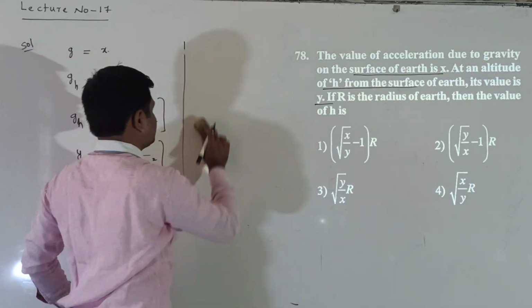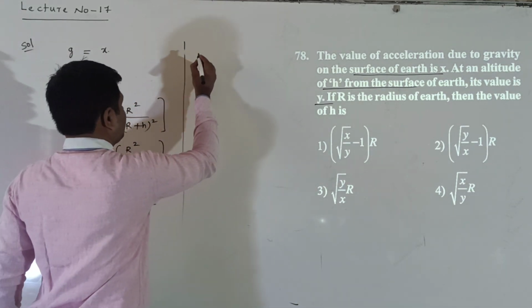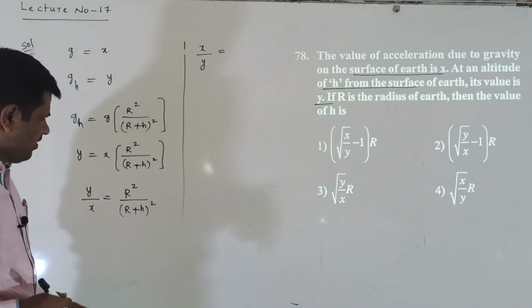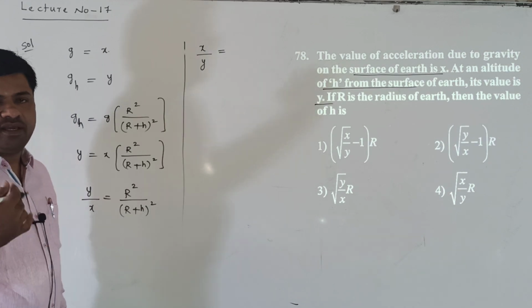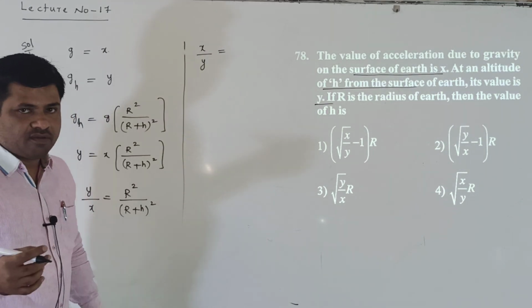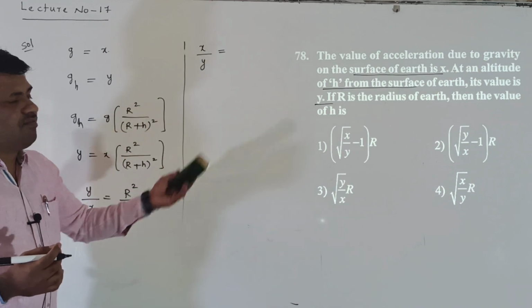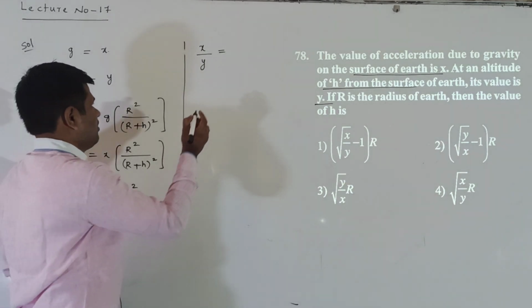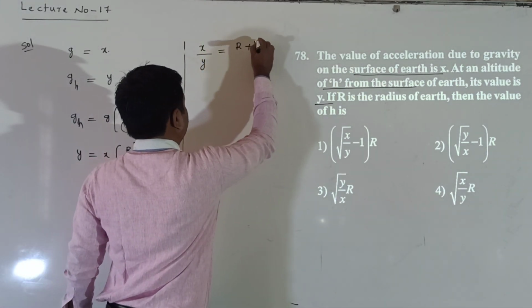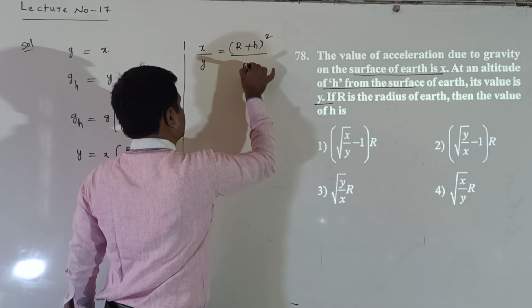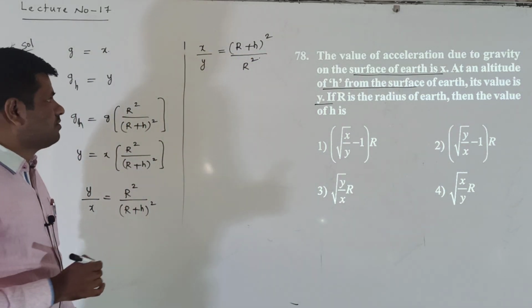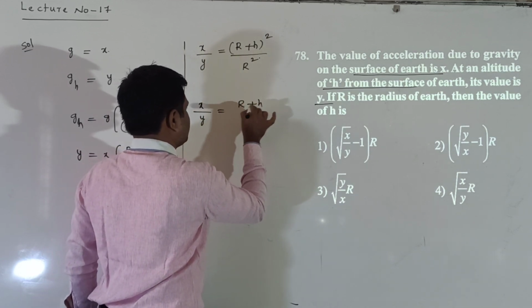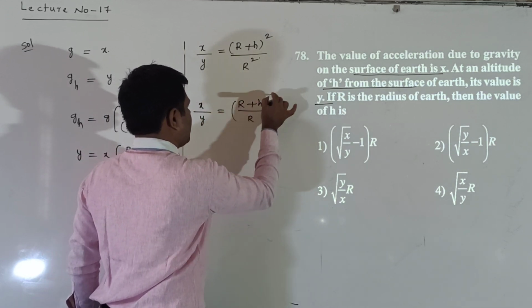First of all I am making both sides reciprocal, means x by y, because the h value is required. Why I am making the reciprocal: because h value is asked here. So both sides reciprocal means x by y, and on the other side R plus h whole square by R square. Clear it is? So x by y is equal to R plus h by R whole square.